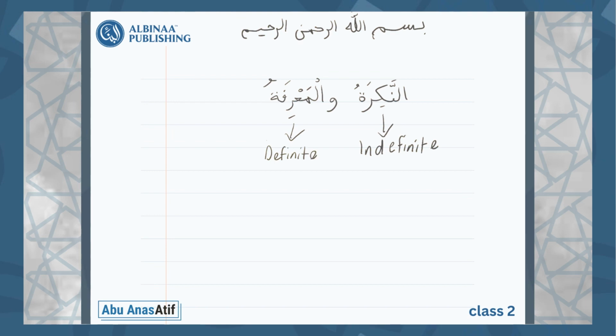So what is an indefinite noun, a nakira? An indefinite noun is a noun that refers to any person, place, or thing, and it's not any particular person or place or thing. And we'll give an example.